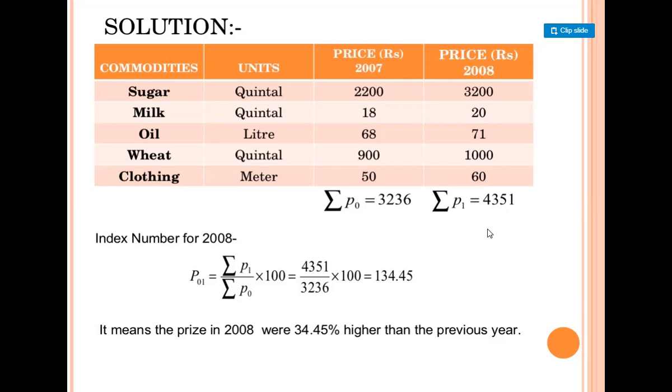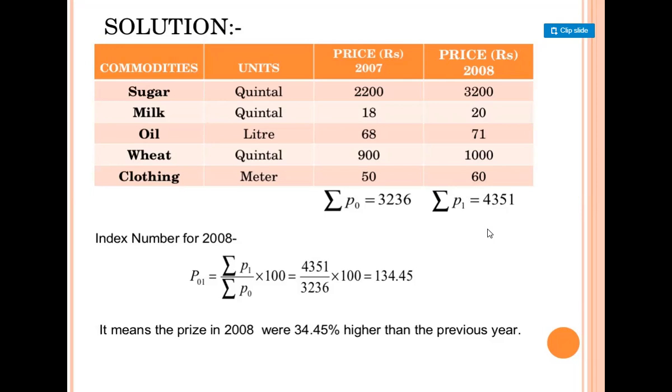Substituting these values in the formula: summation P1 by summation P naught, 4351 by 3236 into 100. After simplifying, it is 134.45. So this is the index number for 2008: P naught one equals 134.45.